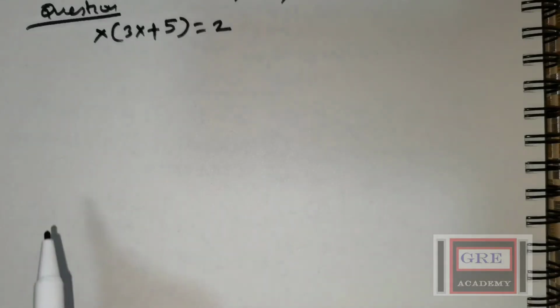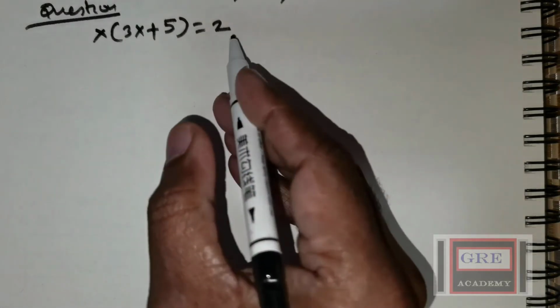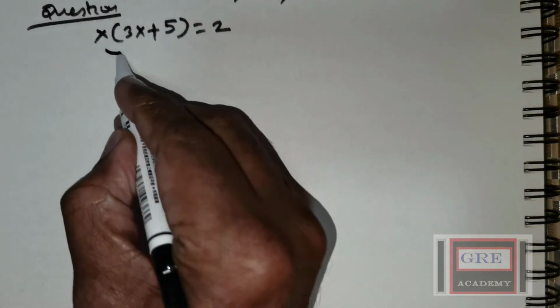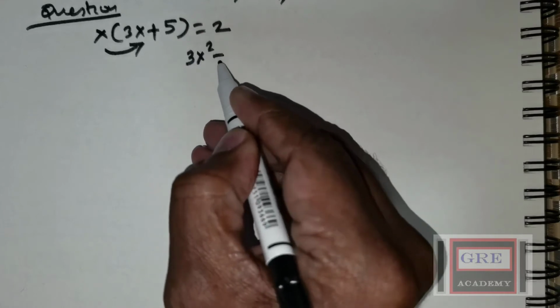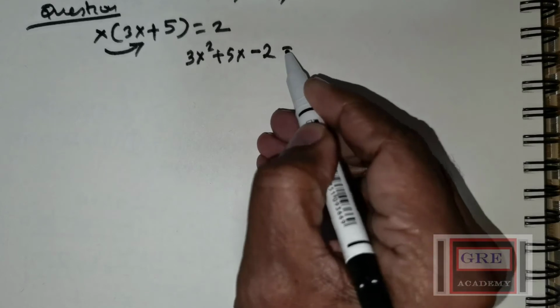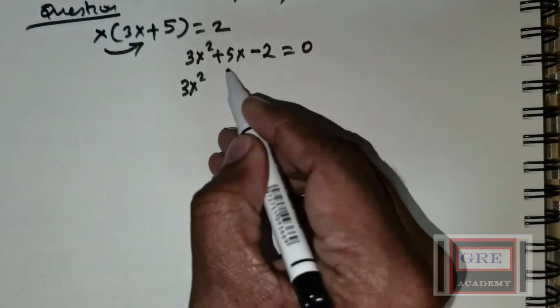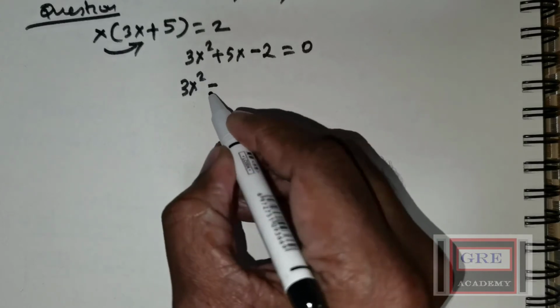Students, we are given this next question. x of 3x positive 5 is equal to 2. We are expected to find the values of x. So what I'm going to do, I'm going to multiply x inside. That would give me 3 times x squared positive 5x, and bring the 2 to the left. That's going to be negative 2 is equal to 0. And I'm going to rewrite 5x so that I can use this 3x as a factor.